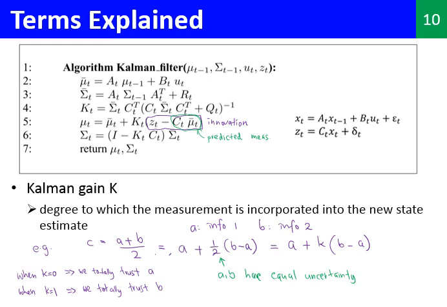So with other K values between 0 and 1, we are basically giving a weight of contribution to each information A and B, right? Even though it is not exactly what we have here in the Kalman gain, the idea is the same. So the Kalman gain is the degree to which the measurement is incorporated into the new state estimate.